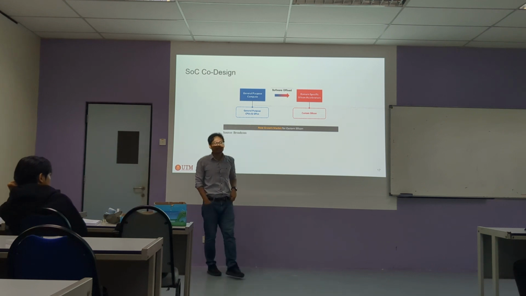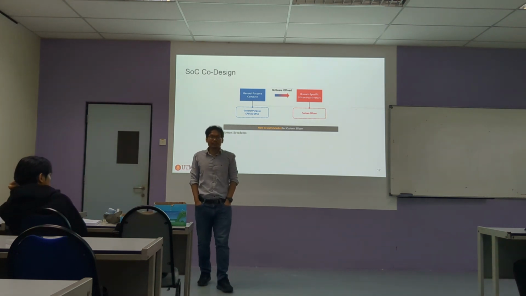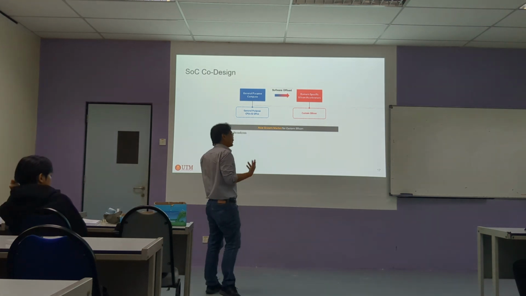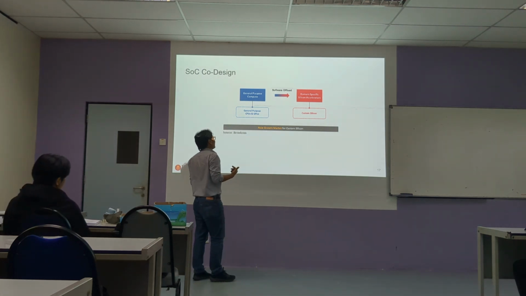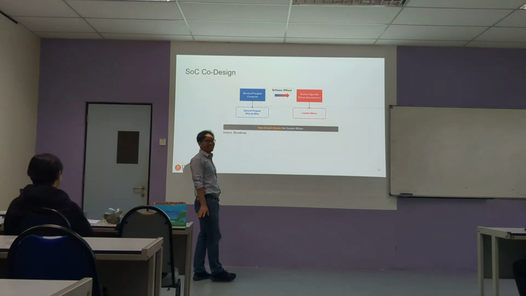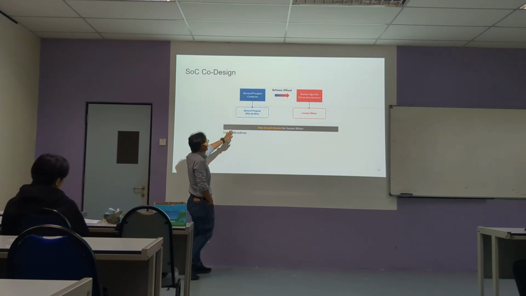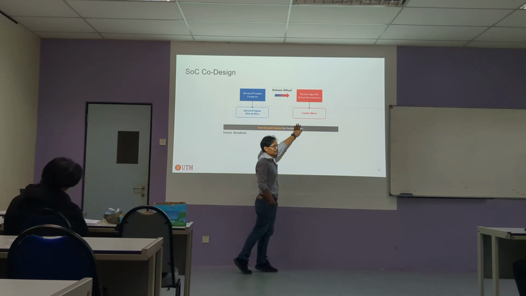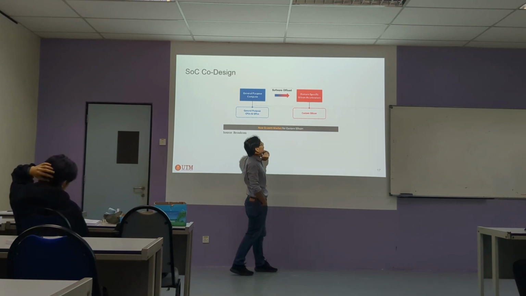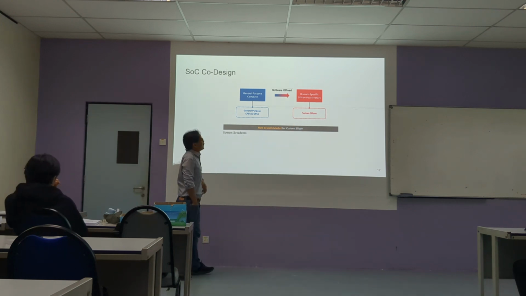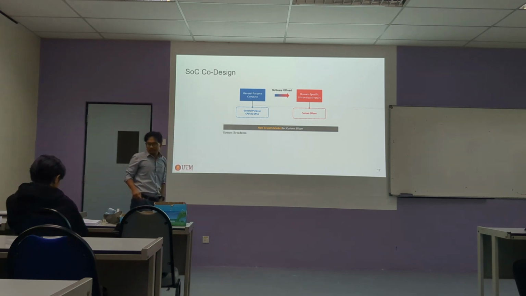Your phone is very fast, your Intel CPU is not slow, and the Raspberry Pi's ARM-based CPU is also not that slow. But in terms of PPA, performance, power, area, especially power for battery-powered devices, we want to move to custom silicon, on FPGA or ASIC.